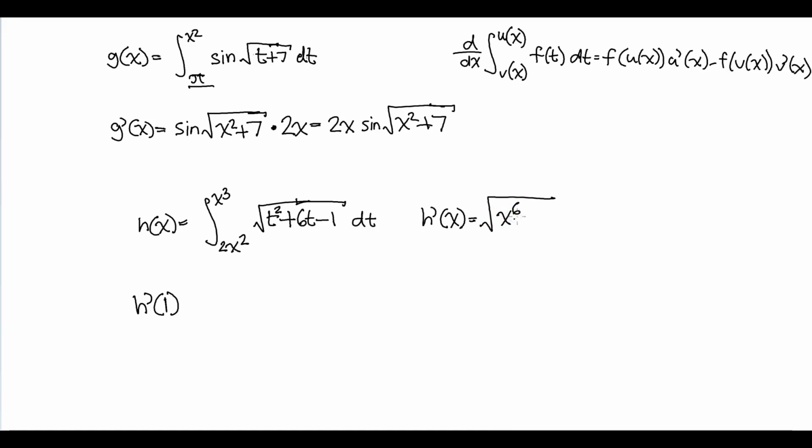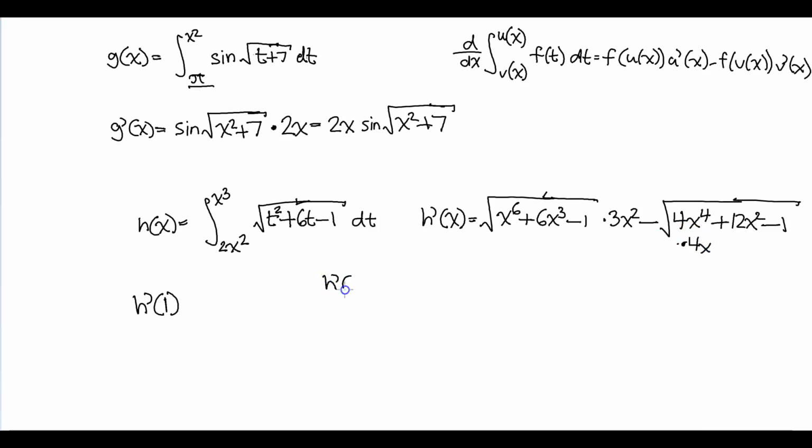So x to the 6th plus 6x cubed minus 1 times the derivative of the top function, 3x squared, minus f of v of x, where 2x squared gives 4x to the 4th plus 12x squared minus 1, times the derivative 4x.